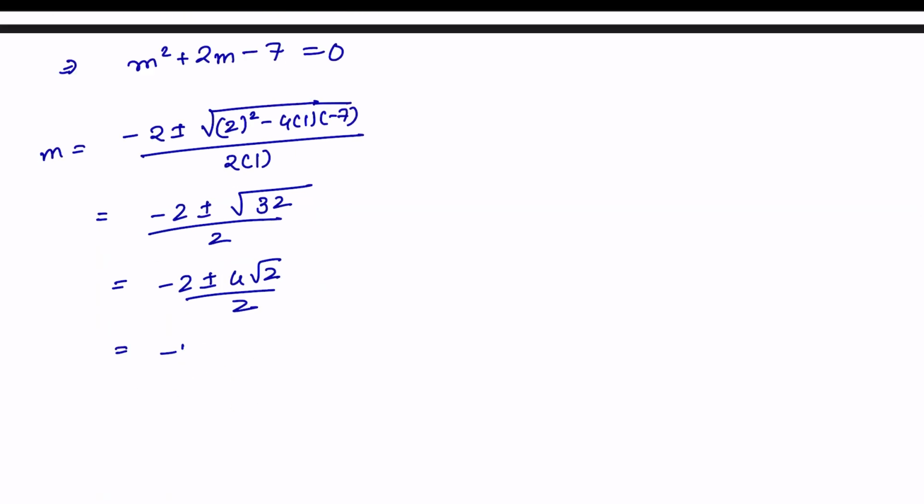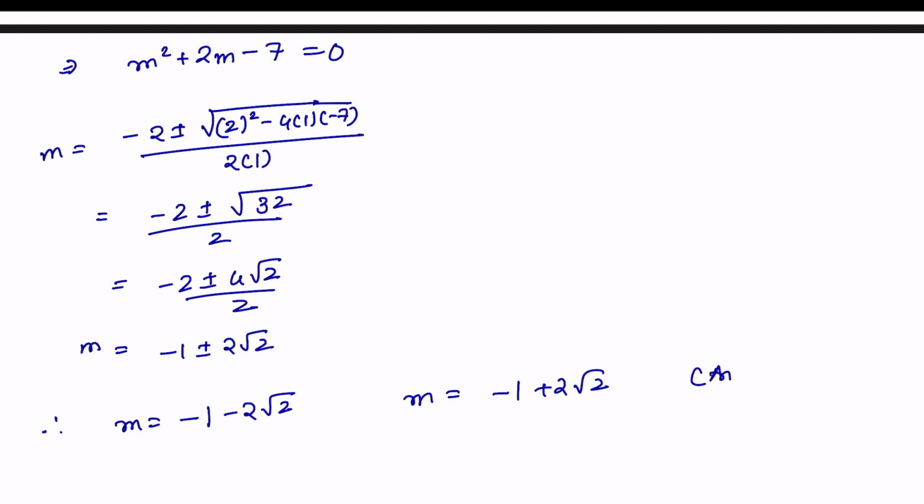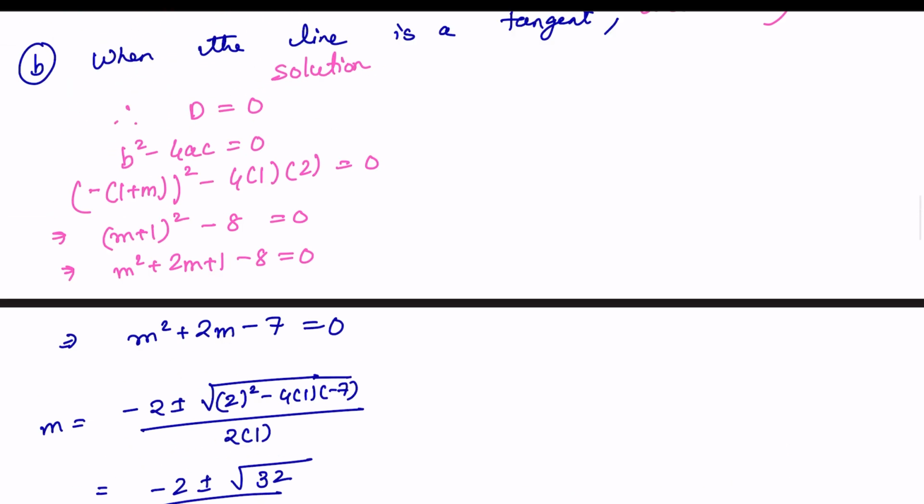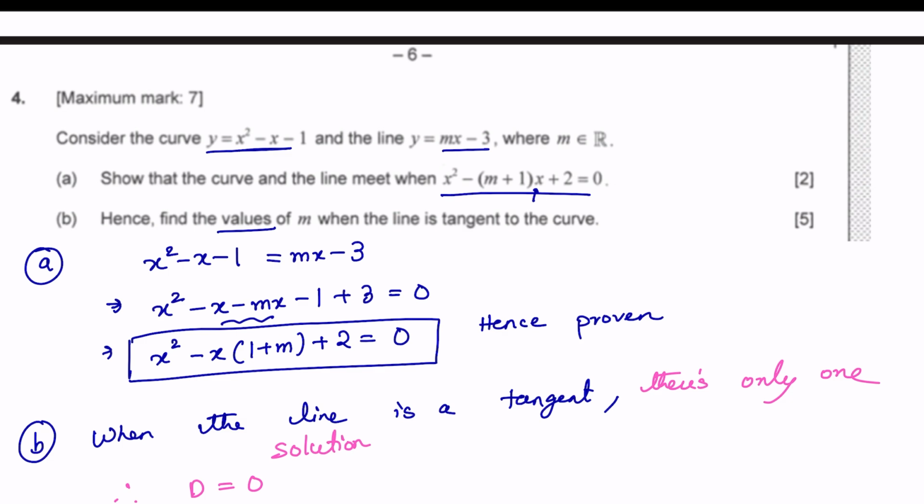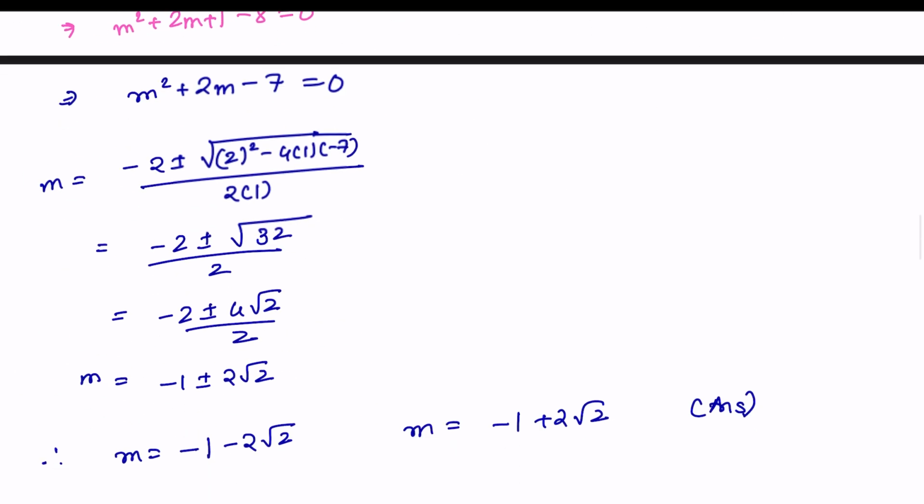So finally, I get minus 1 plus or minus 2 root 2 as m. So the slopes, or the possible values of m, would be minus 1 minus 2 root 2 or minus 1 plus 2 root 2. And that's the answer to part B. It says values, so they were expecting two values.